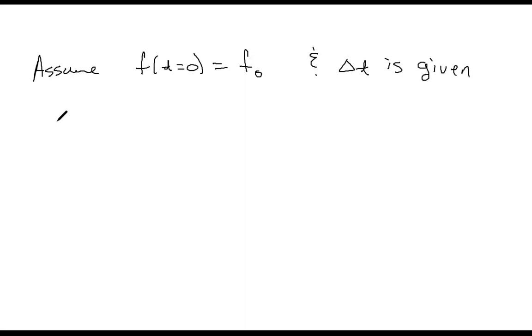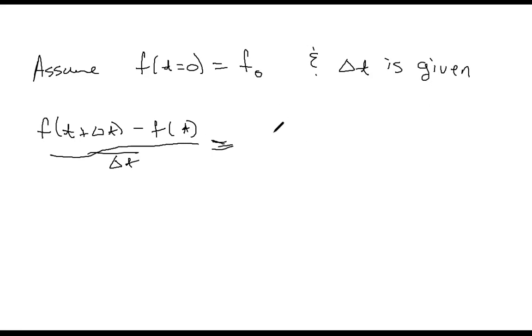Then my differential equation, which says f of t plus delta t minus f of t over delta t equals minus k times f of t.